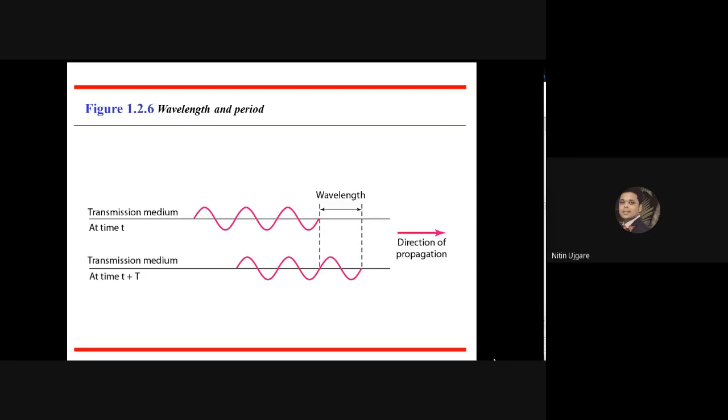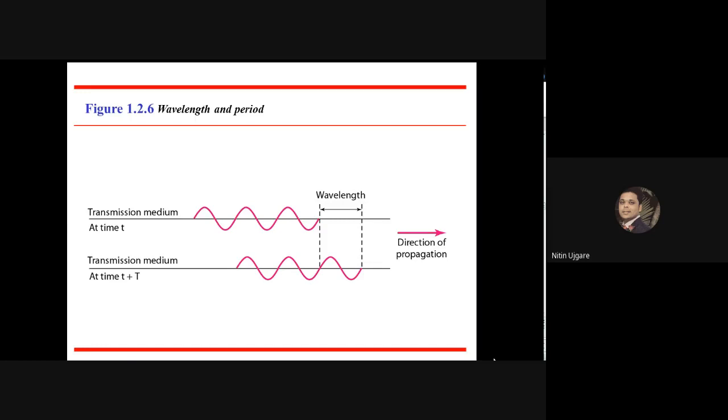So let's take a recap of what we have seen in yesterday's session. Yesterday, we discussed what is analog data and digital data, what is an analog signal and a digital signal. Then we also discussed the different forms of signal.